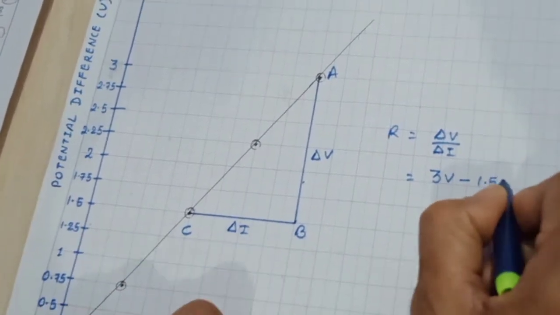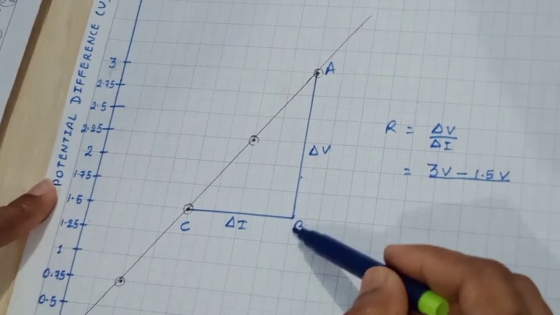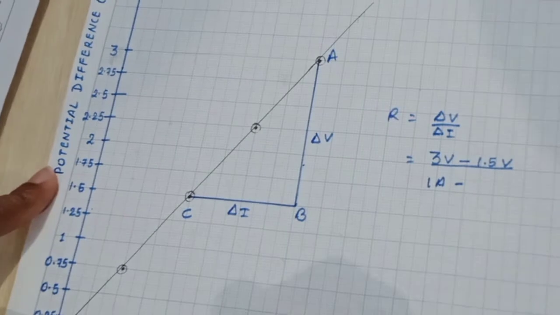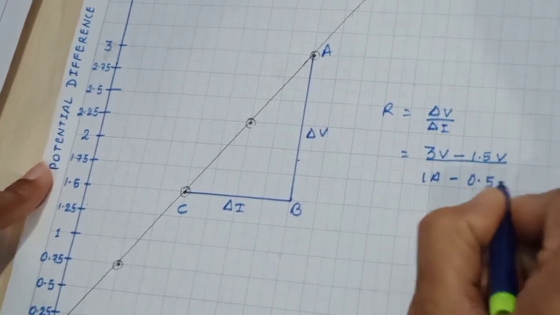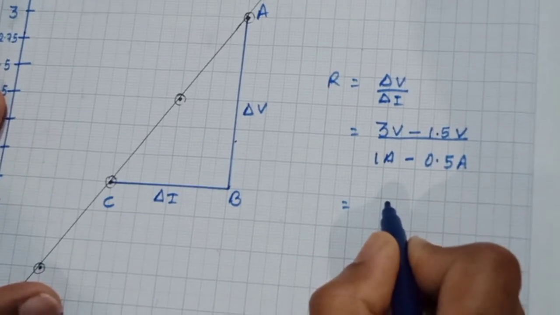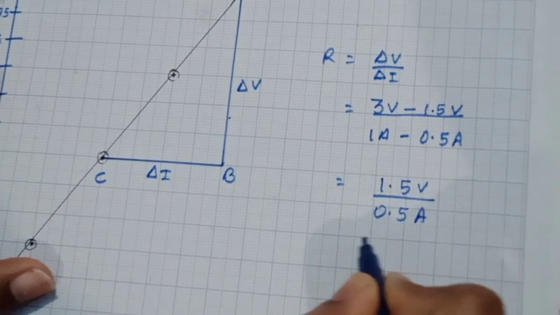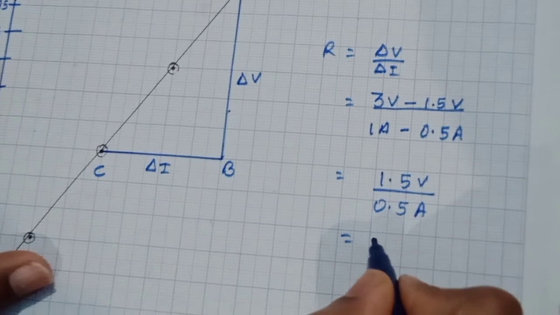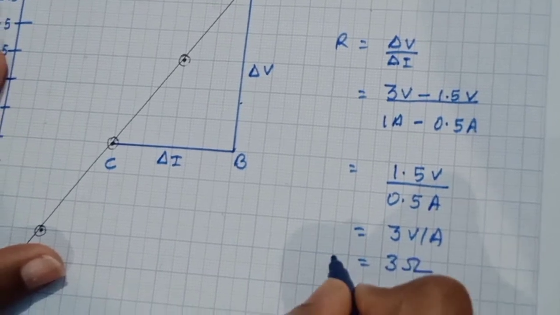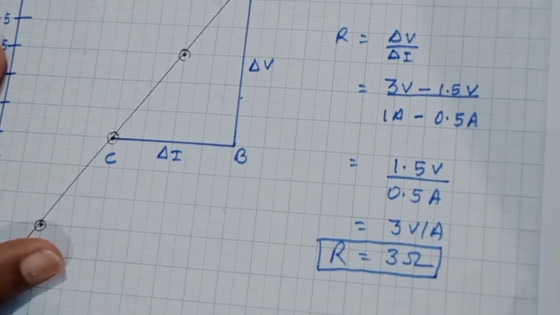So 1.5 volt divided by delta I. This base is delta I, and here we have 1 ampere minus here we have 0.5 ampere. So here we will have 1.5 volt divided by 0.5 ampere. On reducing it to standard form, this will lead to 3 volt per ampere, that is 3 ohm. So graphically also we got the resistance equal to 3 ohm.